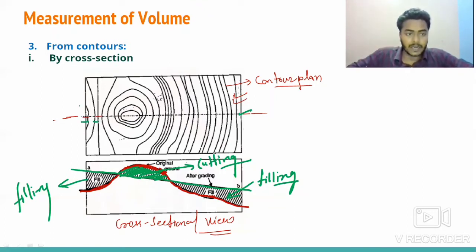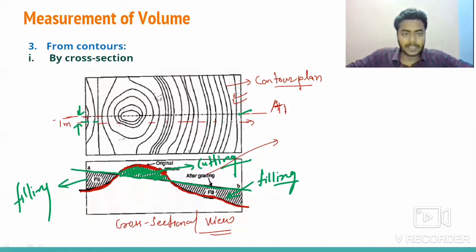So again, at a 1 meter interval, suppose the cross section area of this one is A1, for example, right? So we can calculate the cross section area for this section by drawing the cross section. So A1 we have.